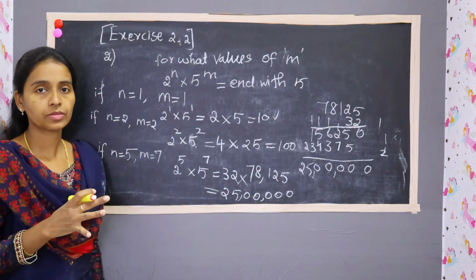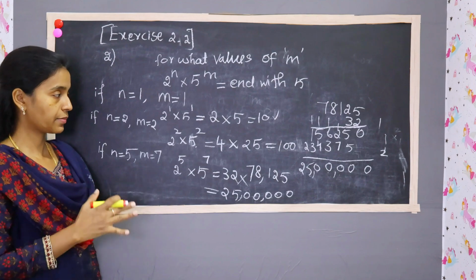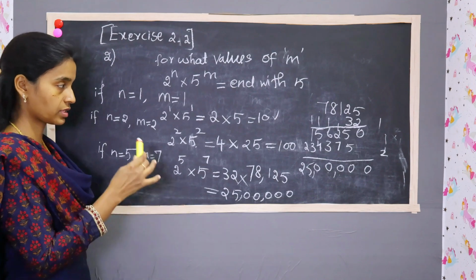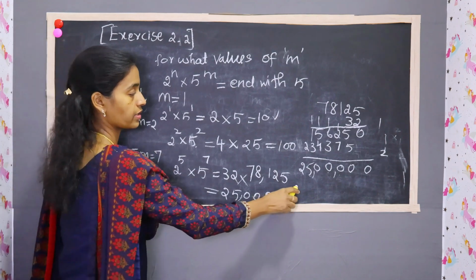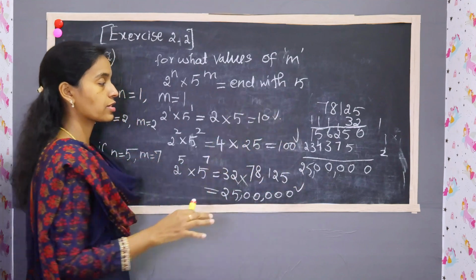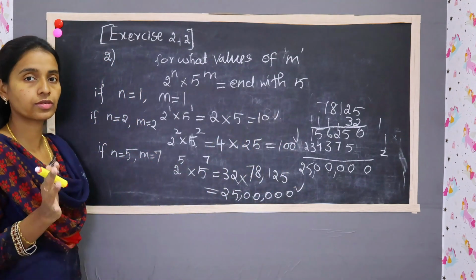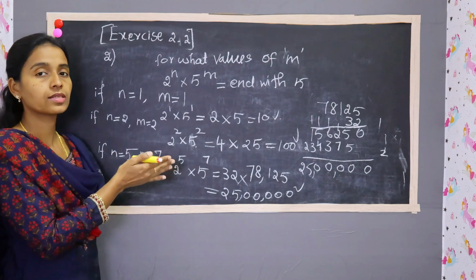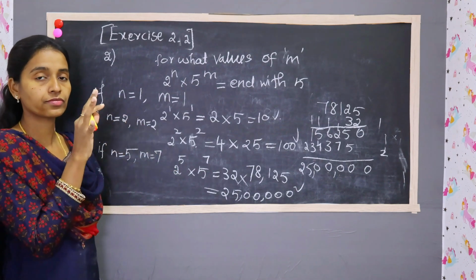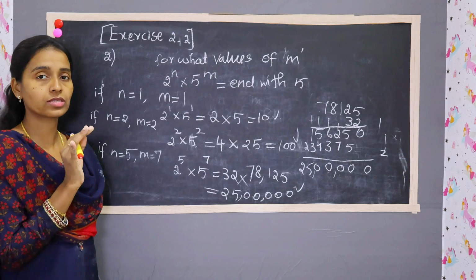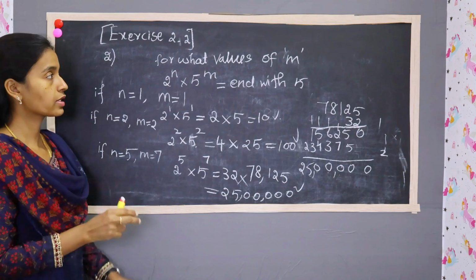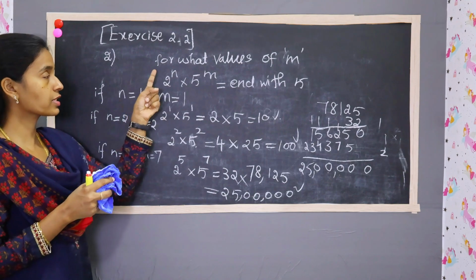So whatever number I am applying for m and n, I will be getting some number which ends with 0 only, right? You can try with any number for m and n. You will be getting some number which will end with 0. What is the question here?